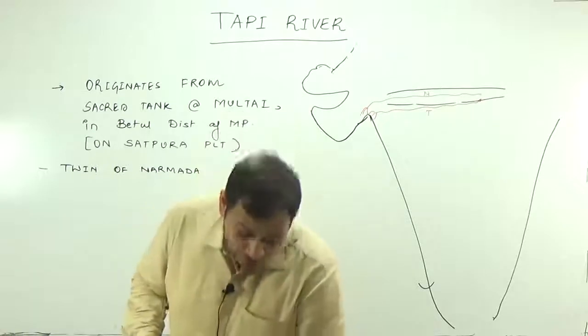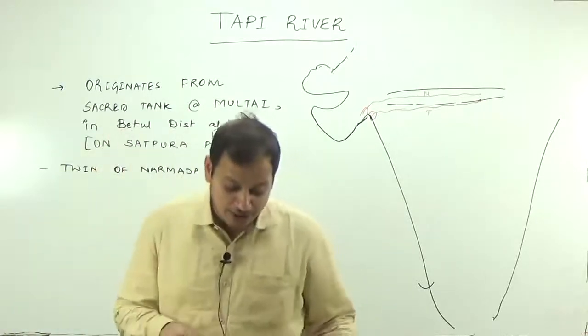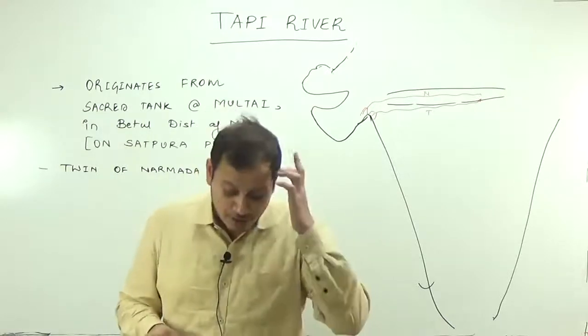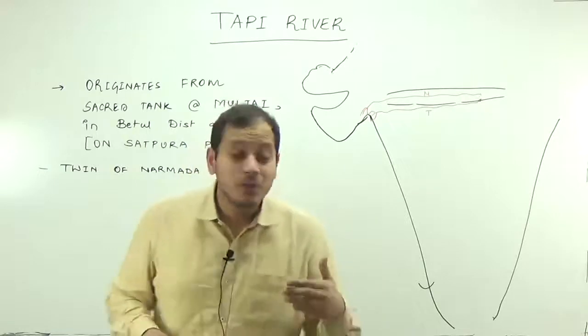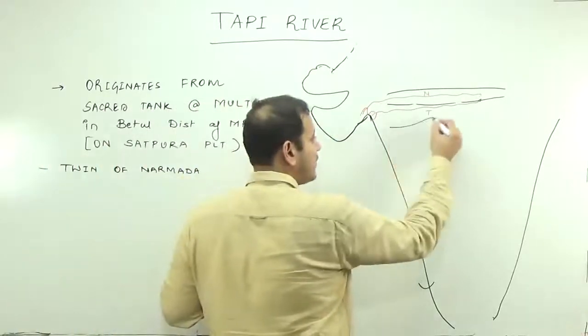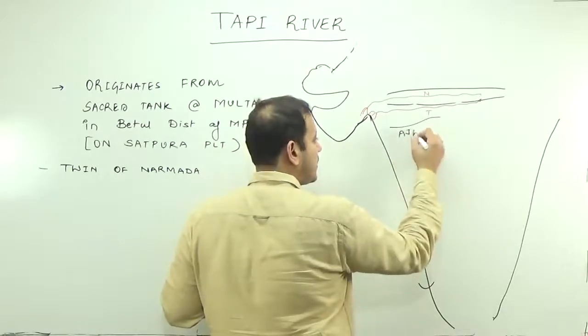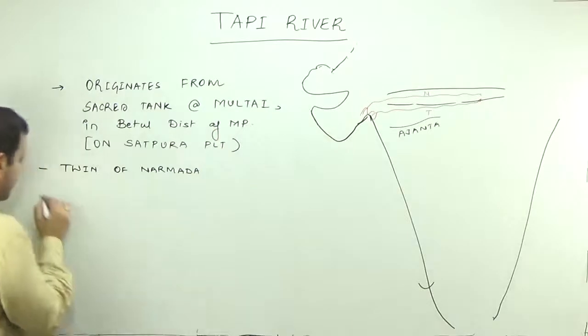River Tapi forms the boundary between Madhya Pradesh and Maharashtra, and flows between the Satpura ranges. And if you remember, we have done one range known as the Ajanta ranges.